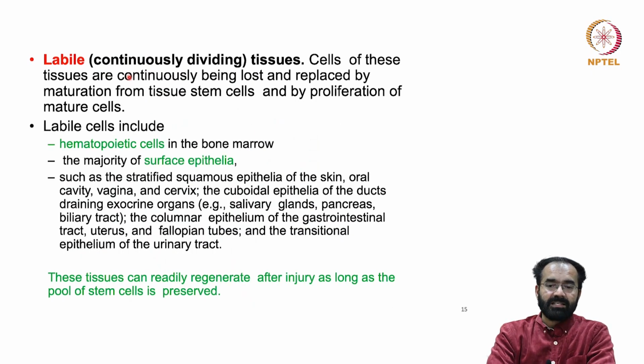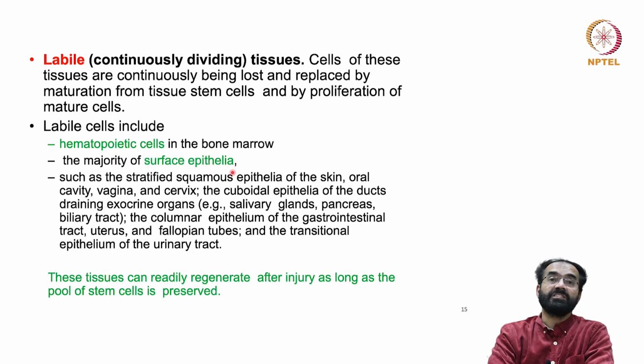In labile tissues, the continuously dividing tissues, cells are continuously being lost and replaced. Why are they dividing? Because they are being lost. They are replaced by stem cells and by the proliferation of mature cells. The labile cells include hematopoietic cells of the bone marrow. You need a constant supply of blood, RBC and WBC, and the bone marrow keeps on producing your blood cells.